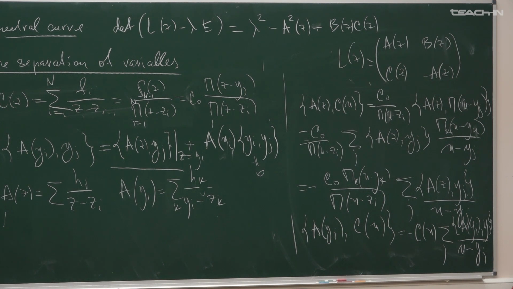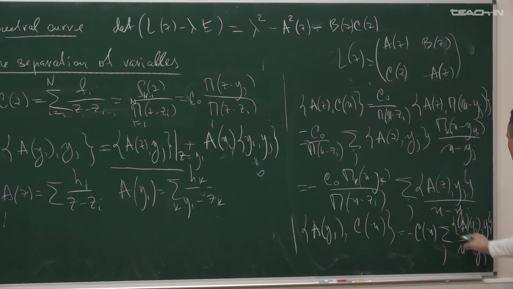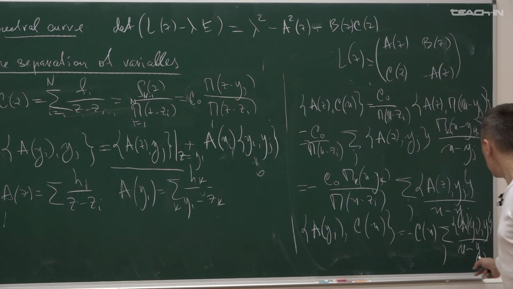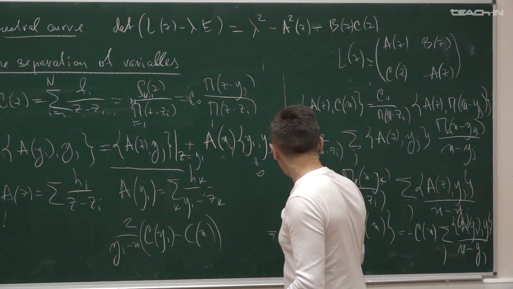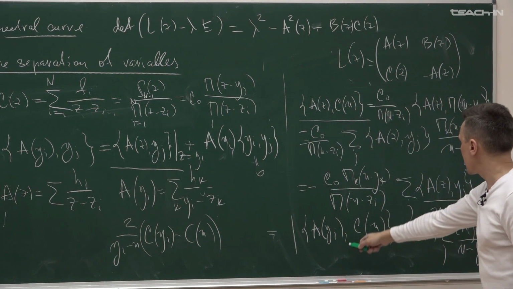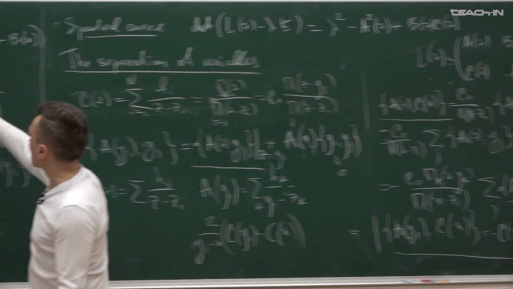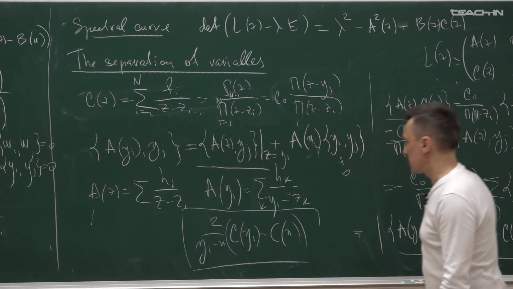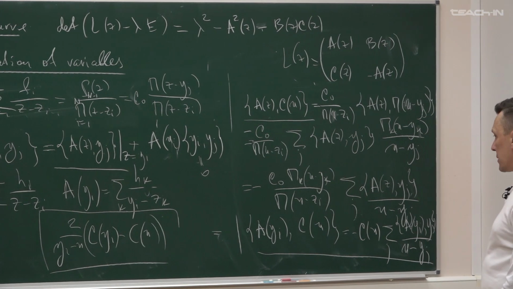So I'd like to compare this Poisson bracket with the residue of this bracket at the point y_j. So the resulting step was to compare this calculation with the bracket which we know, this expression.